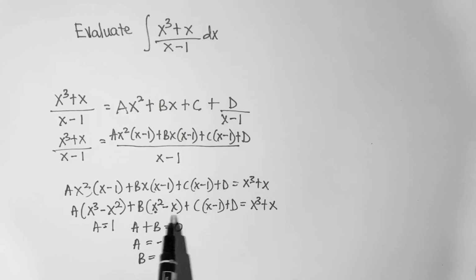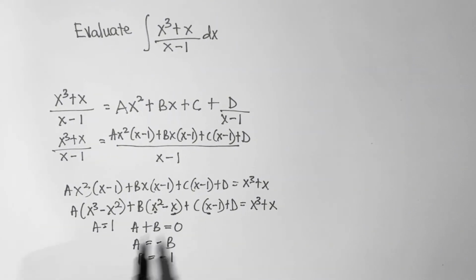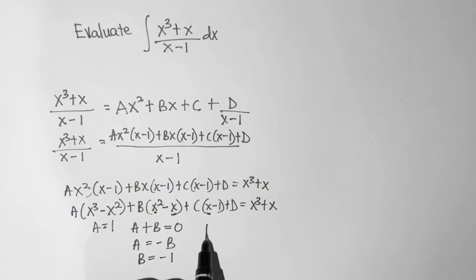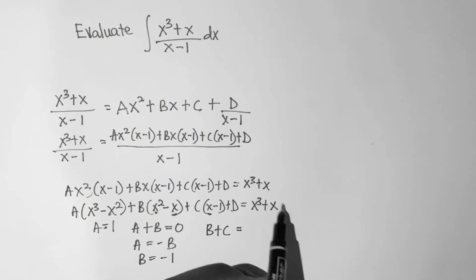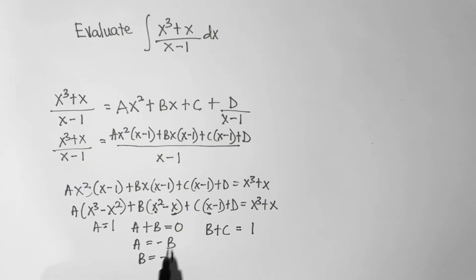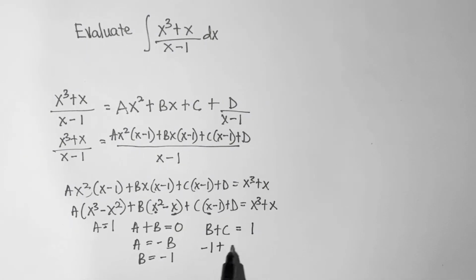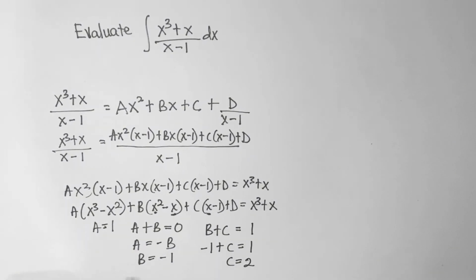Now apart from this, we also have x here, and then we have x here. So we know that b plus c is equal to the coefficient of x on the right, which is 1, and we know that b is equal to minus 1. So minus 1 plus c is equal to 1, and therefore c is equal to 2.